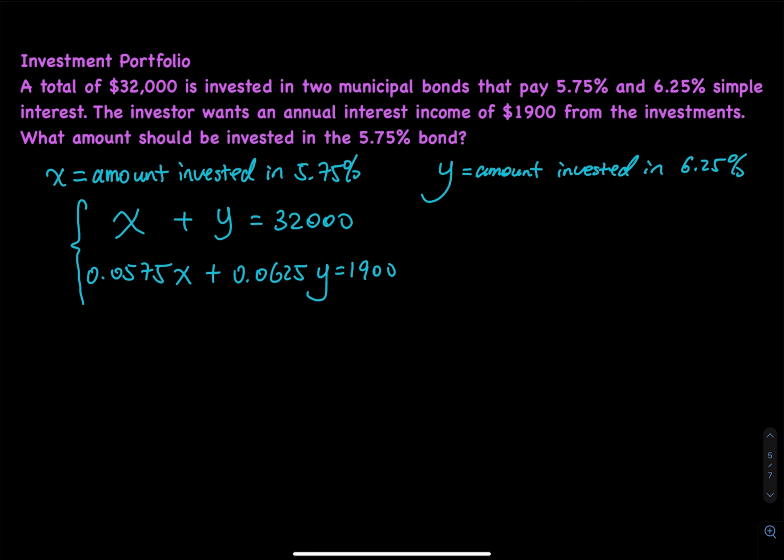So the first one, I would like to multiply by 5.75 on both sides, so that the coefficient of x will be 5.75. And for the second equation, I would like to multiply by 100 on both sides, so that I can move the decimal points 2 steps to the right. So I will get 5.75x.